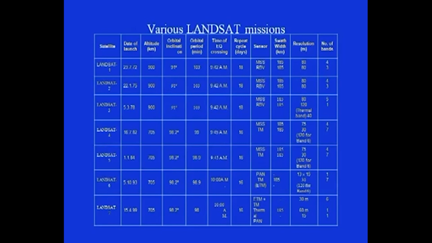Landsat 7, which was launched in the year 1999, had the same orbital parameters. However, a thermal band was included, which had a spatial resolution of 60 meters, and the ETM sensor now had 6 bands instead of 7.